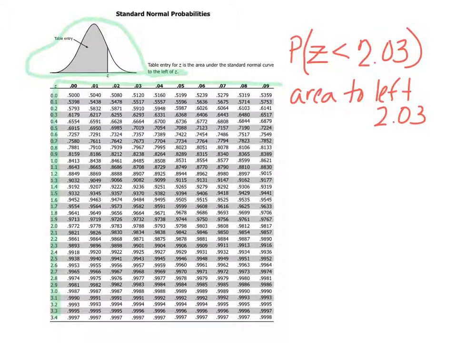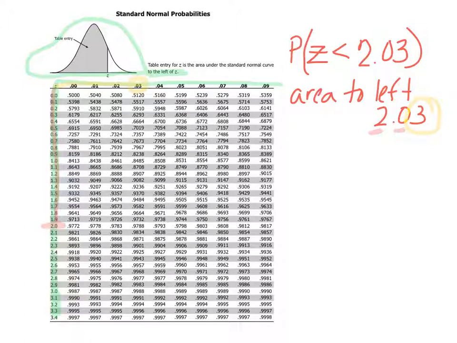So if we're going to look for that, we would find the 2 over here on the left-hand column and the first tenths place on that left-hand column. So if we go down to 2.0, this is where we would be. And then we need to find the 3 in the top row. So we're going to go all the way over till we get the 0.03, which would be right there.